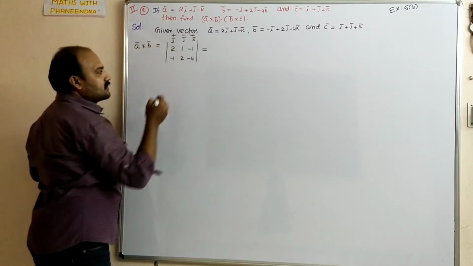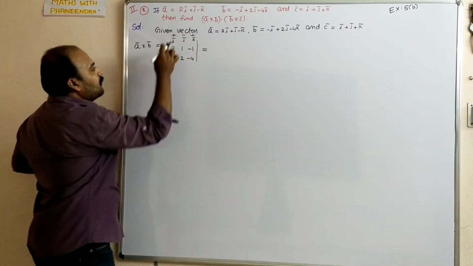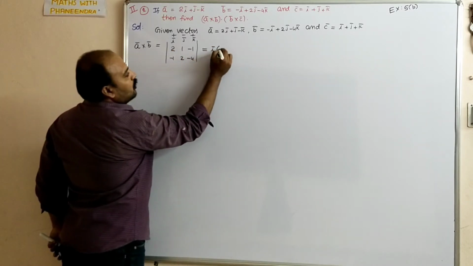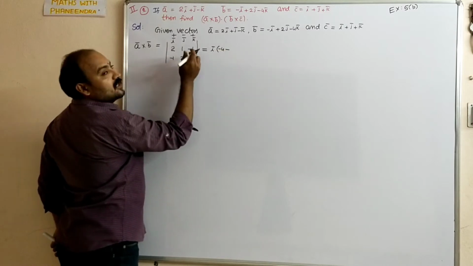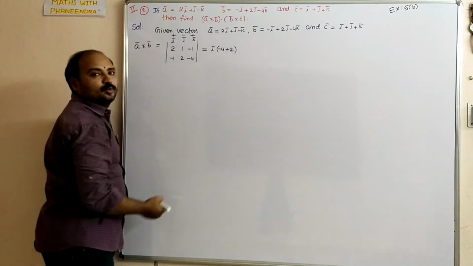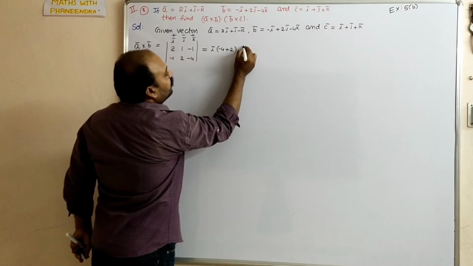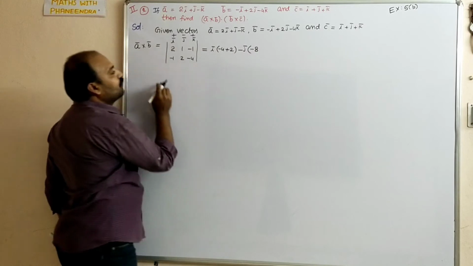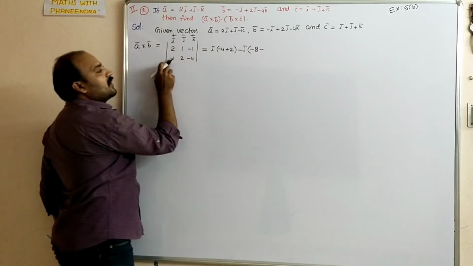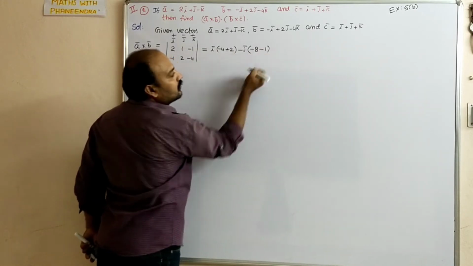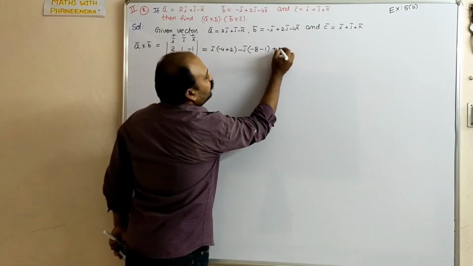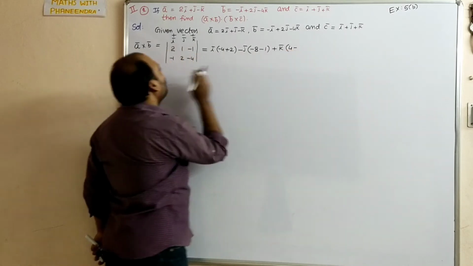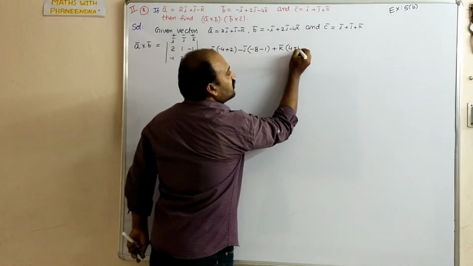So i bar into 1 into minus 4 minus 2 into minus 1, which is minus 4 plus 2, minus j bar into 2 into minus 4 minus minus 1 into minus 1, which is minus 8 minus 1, plus k bar into 2 into 2 minus minus 1 into 1, which is 4 plus 1.